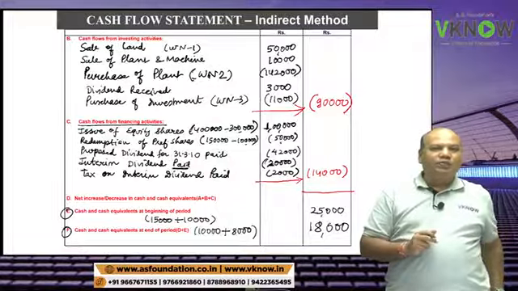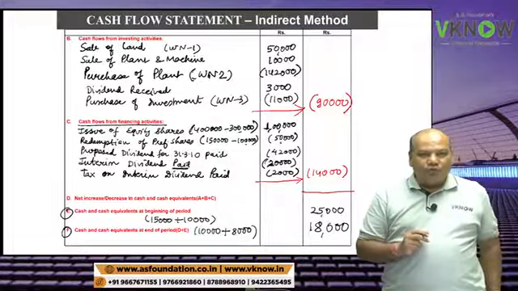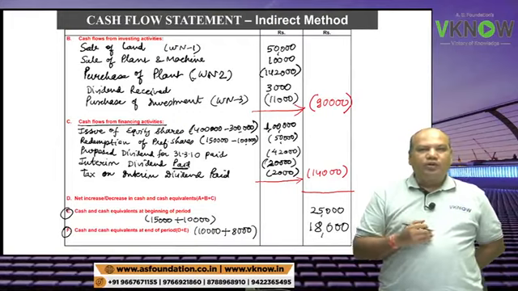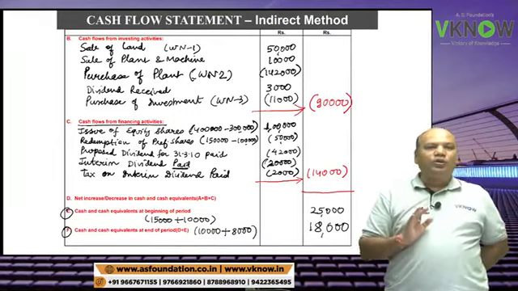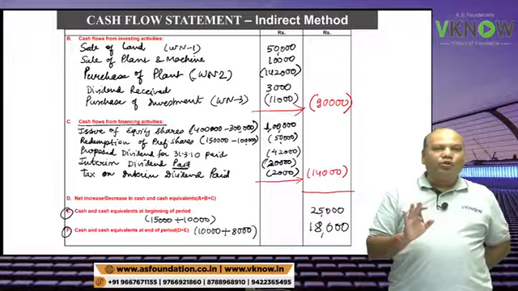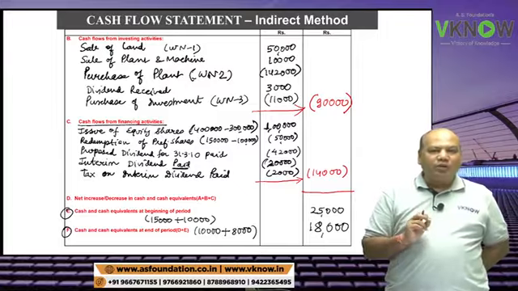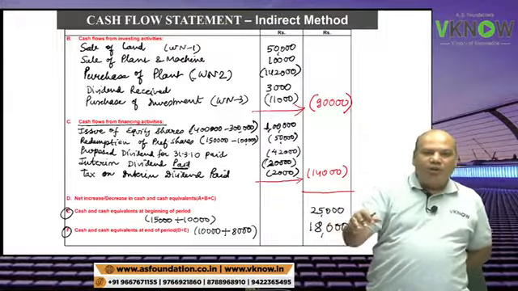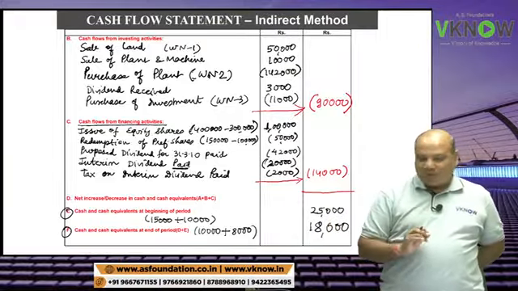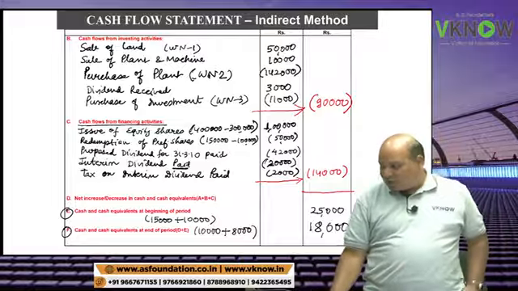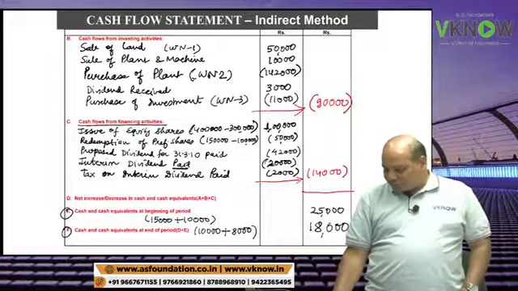Purposefully that adjustment was given to confuse you. You have to see that the entry has gone into P&L account, then only you do the adjustment. If the entry has not gone into P&L account, and has been routed through some other reserve account, there is no need to make an adjustment.